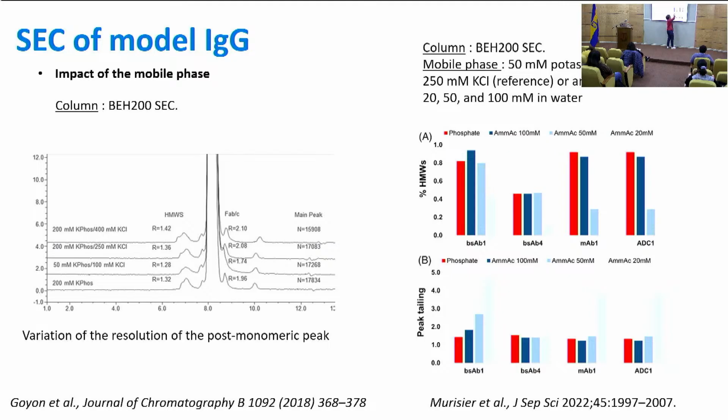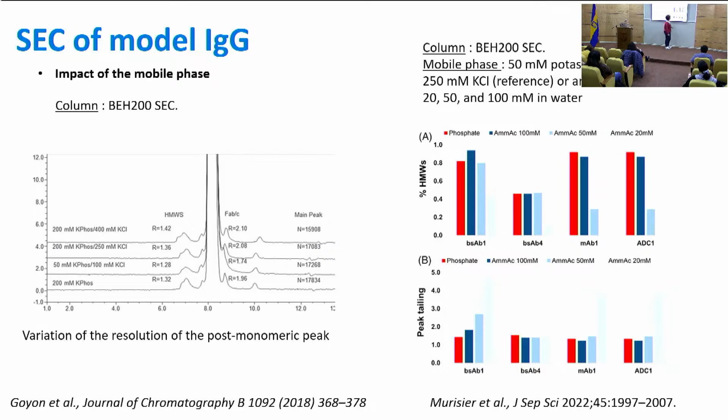That could be important in terms of quality control attribute, that the good proportion of map has been determined. Otherwise, that could lead to a wrong interpretation. We can see that here as well with ammonium acetate 20 millimolar. You can see that the percentage of small aggregate is really different compared to the 3 other mobile phases for the same column.